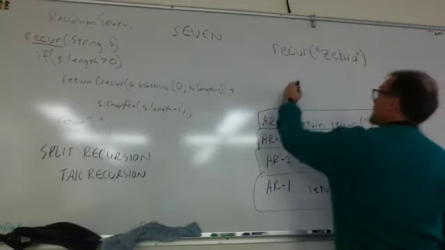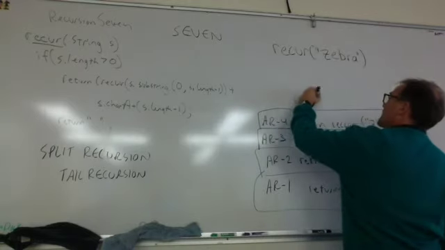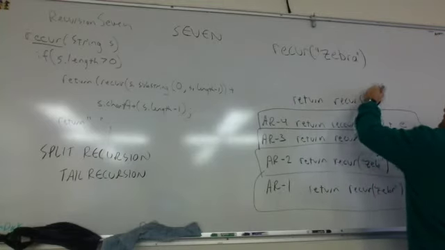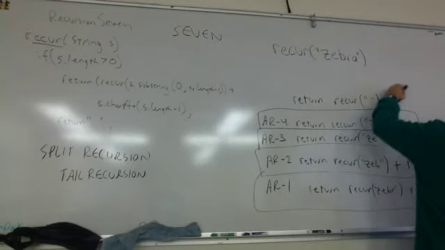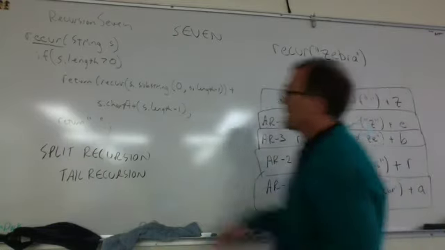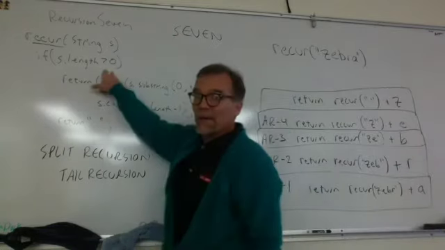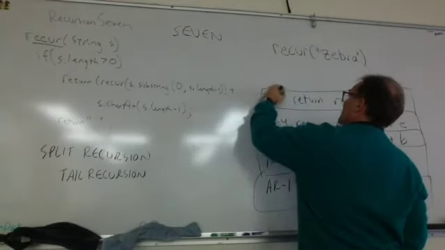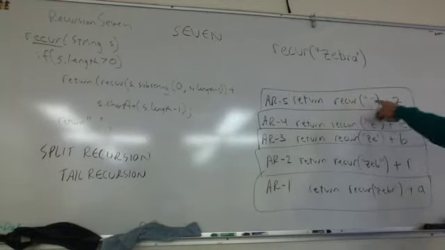So really I'm calling recur one more time but with a string of length 0. Right? That's the base case. So the fifth time it gets called, I call recur one more time with nothing in it.